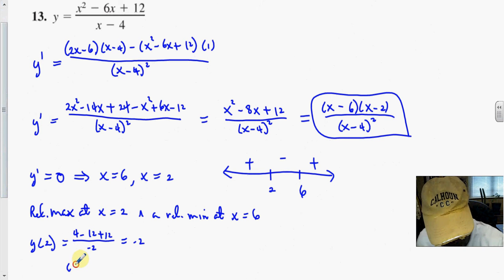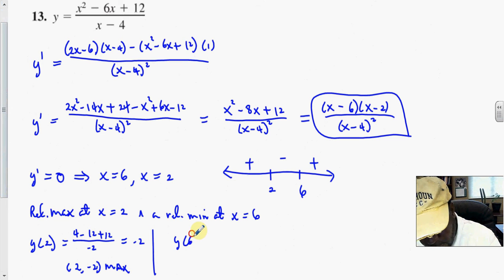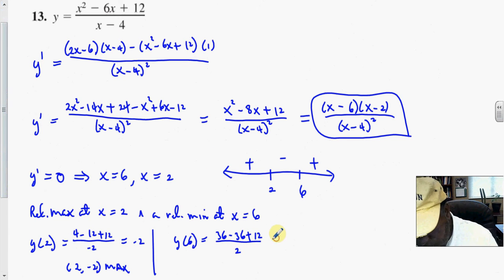So the point (2, negative 2) is our max. And then y of 6 is 36 minus 36 plus 12 all over 6 minus 4, which gives us 2. So we get 12 divided by 2, we get 6. So the point (6, 6) is our minimum.